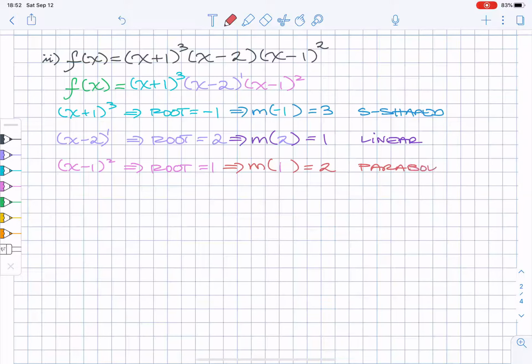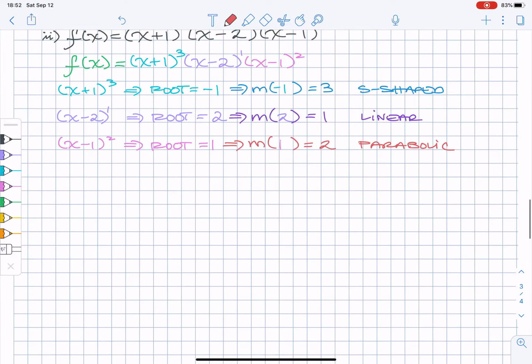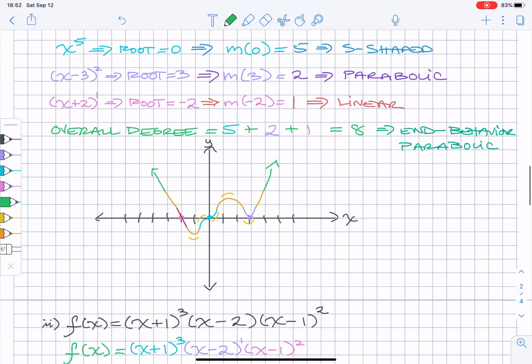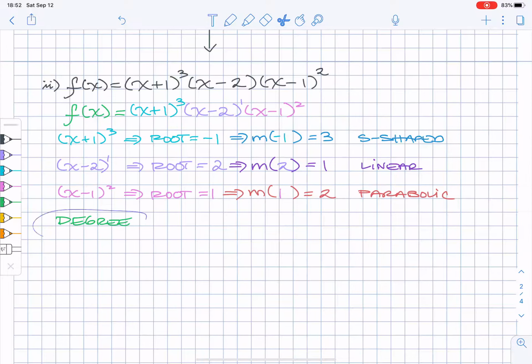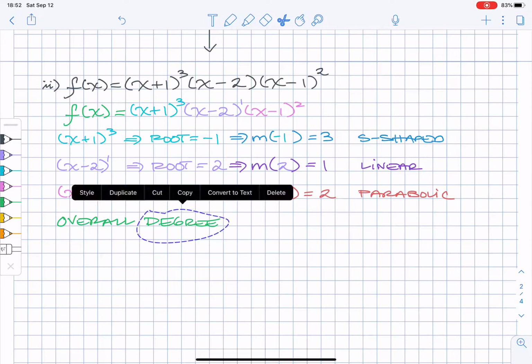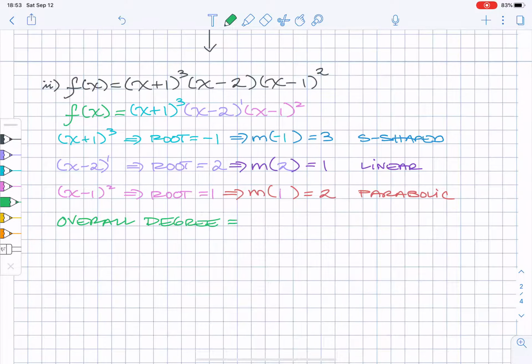But before we can draw those, we need to know what direction we're coming from. So let's look at the degree of the whole function. Did I put overall degree? Yeah, I put overall degree. Let me write overall degree. So we know that it's the degree of f of x, not just its factors. So overall degree, I'm going to sum the degrees.